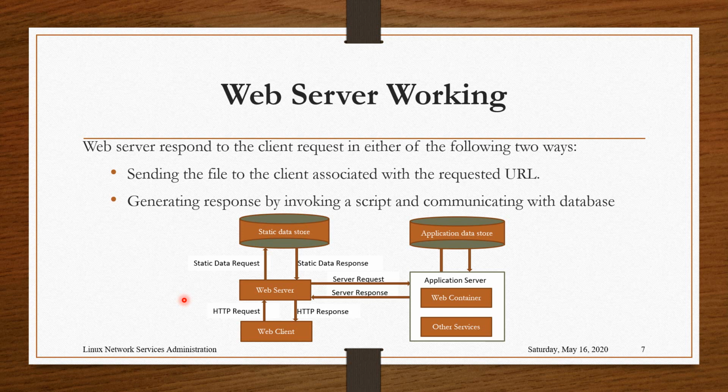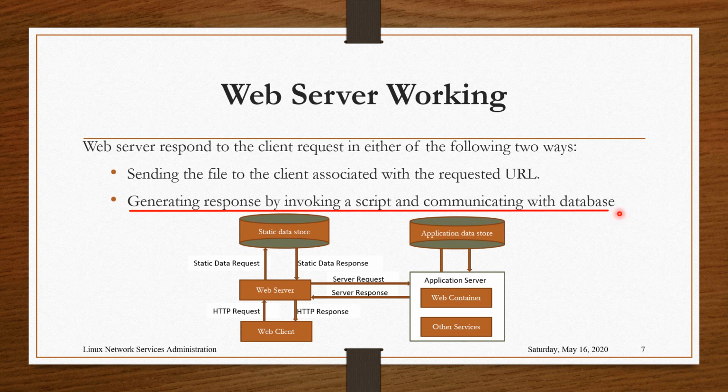Web server responds to the client request in either of the following two ways. It will send the file to the client associated with the requested URL, or it will generate the response by invoking a script and communicating with the database.